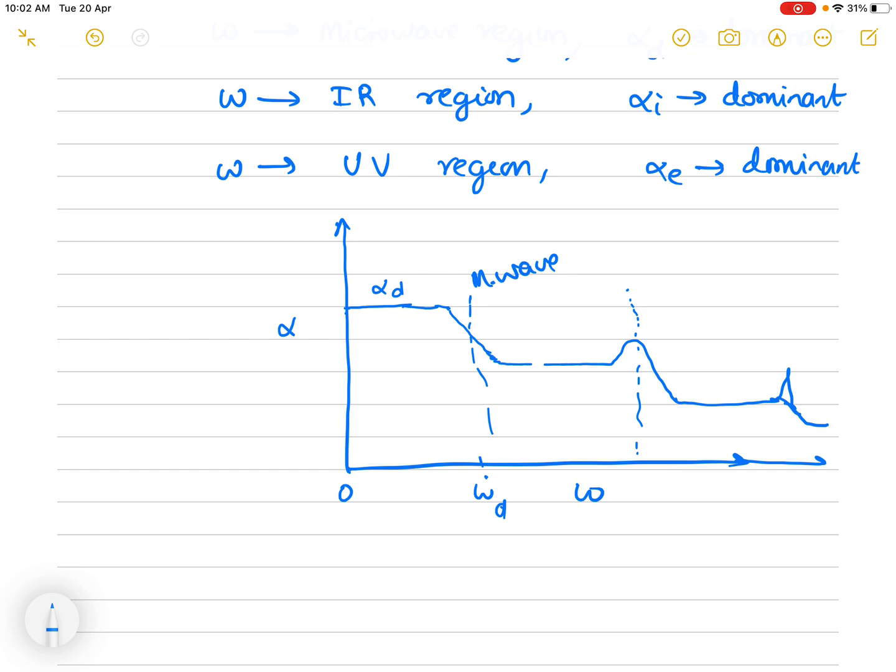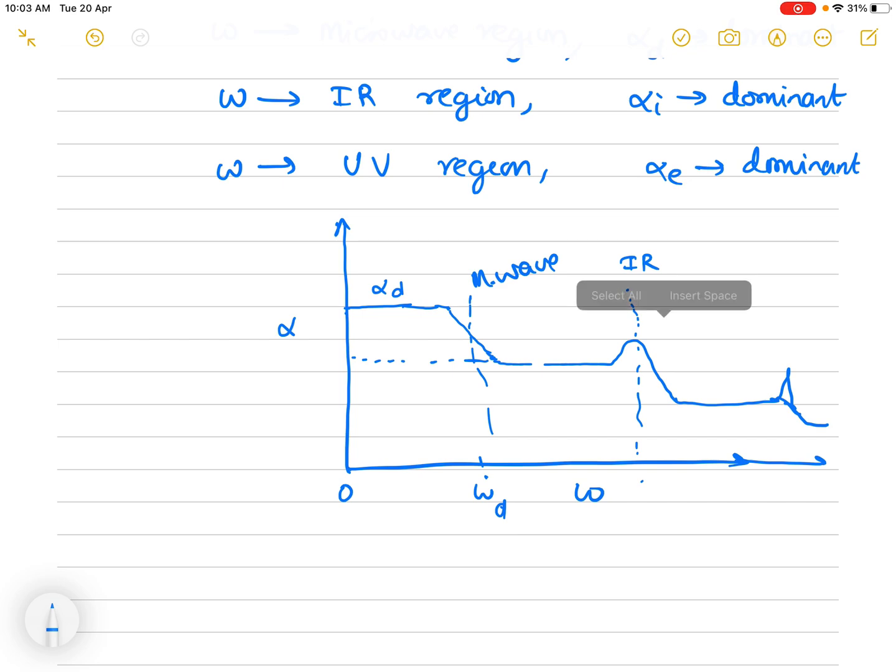So this is IR, and as we go on increasing the frequency, the dipolar polarizability and ionic polarizability are insignificant because their masses are so high that they do not respond to the higher frequencies.